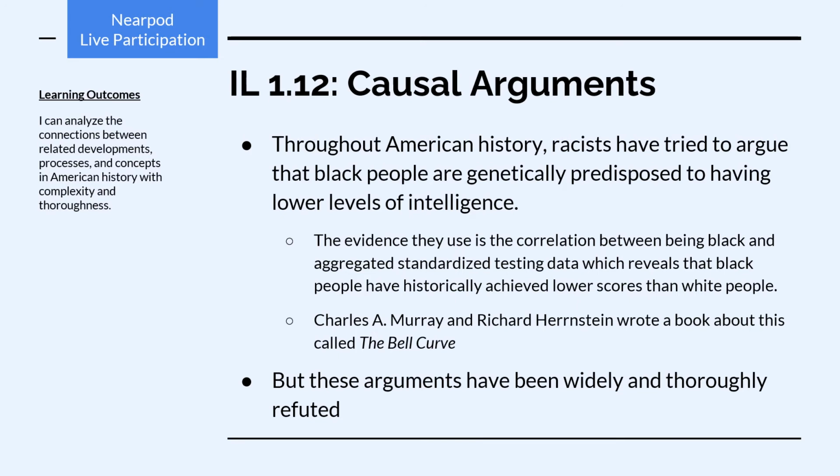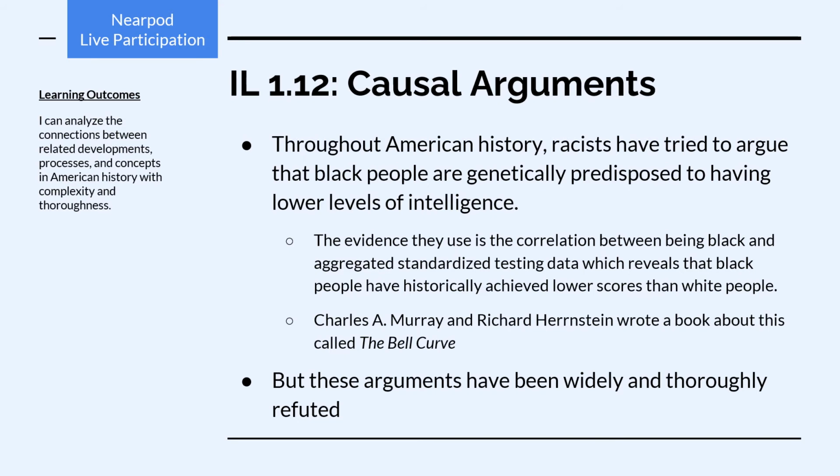The evidence that racists use is the correlation between being black and usually the aggregation of many, many years of standardized testing data, which does reveal that black people have historically achieved lower scores on those standardized tests than white people. There was even a famous book written about this by Charles Murray and Richard Herrnstein.